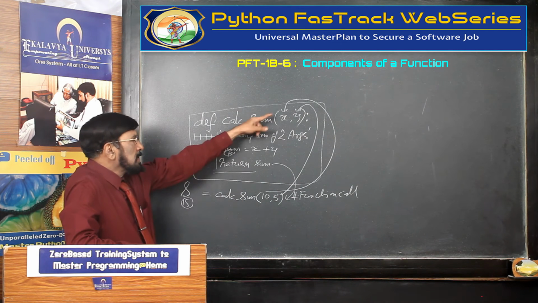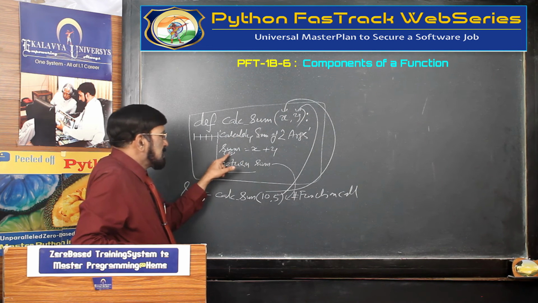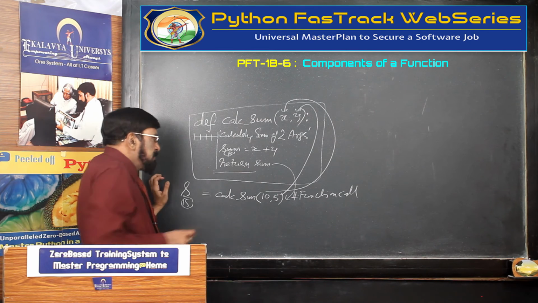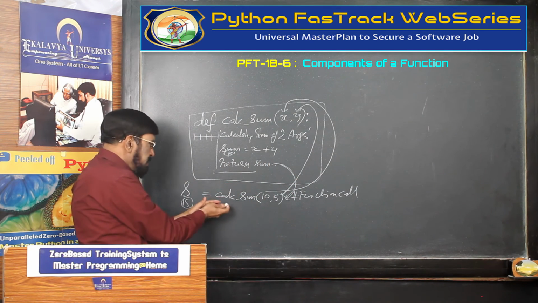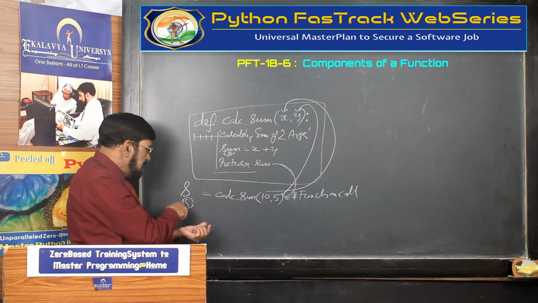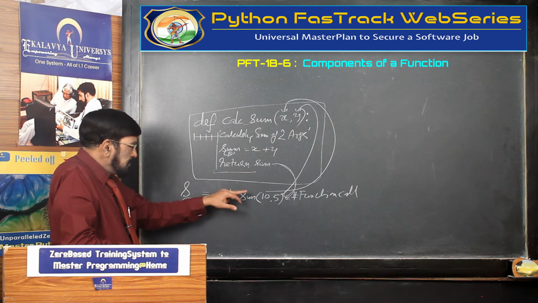Whenever you switch on, if it requires arguments, you have to pass them. 10 and 5 are passed. In turn, the sum is calculated. It becomes 15. 15 is returned. Where does it go? Again, it comes here. Then it takes it. Then it should be stored. For that purpose, you define one variable. In that it is stored. So this is called function call.